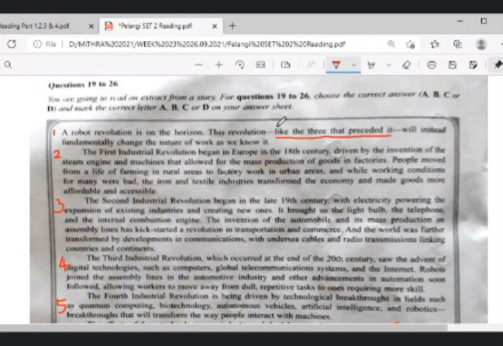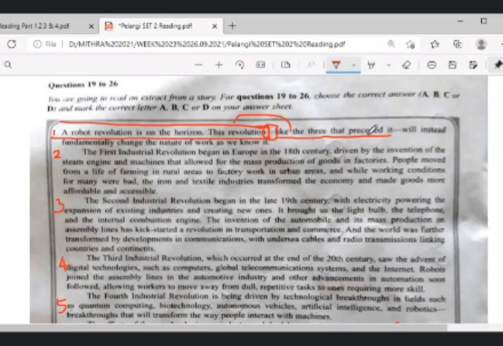When there is a word like this, it is talking about something discussed earlier. The revolution, like the three that preceded it. So what do you think about the answer? The three types of robot revolution. It refers to whatever matter was discussed before this.